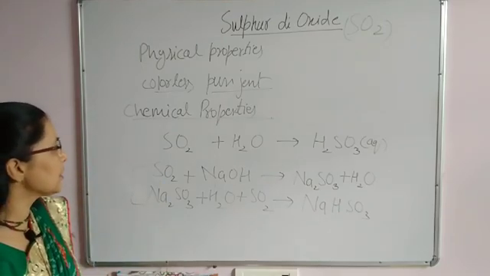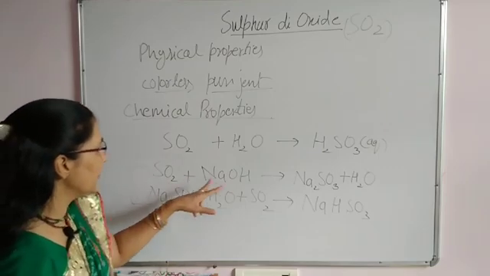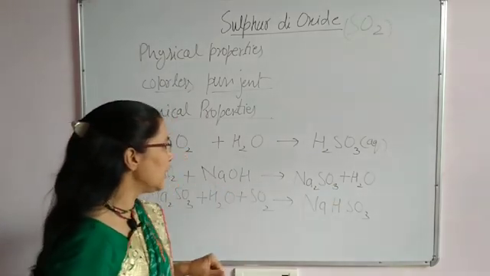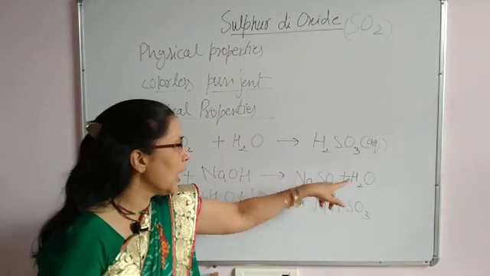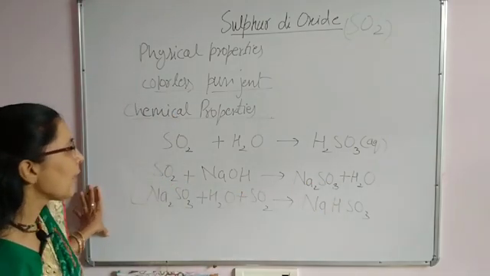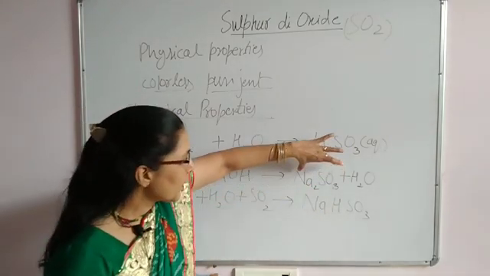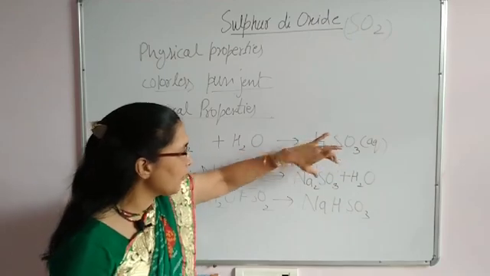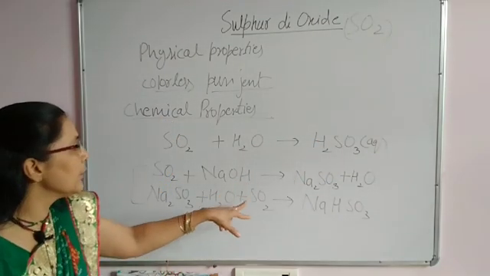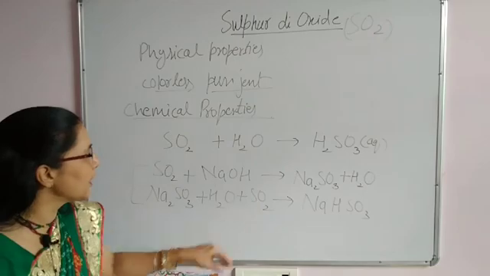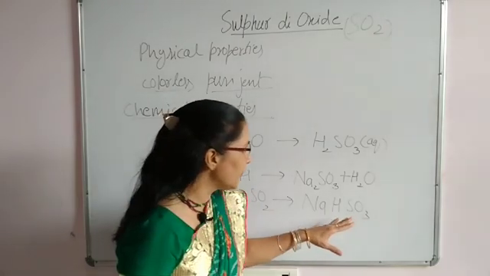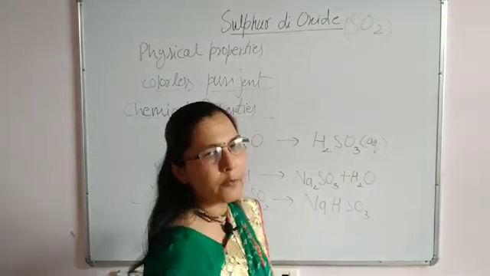When CO2 gas is treated with the base, there will be formation of salt, Na2CO3 and H2O. When this salt and water, again excess of CO2 is passed, then bicarbonate will form. In the same manner here bisulfite will form.